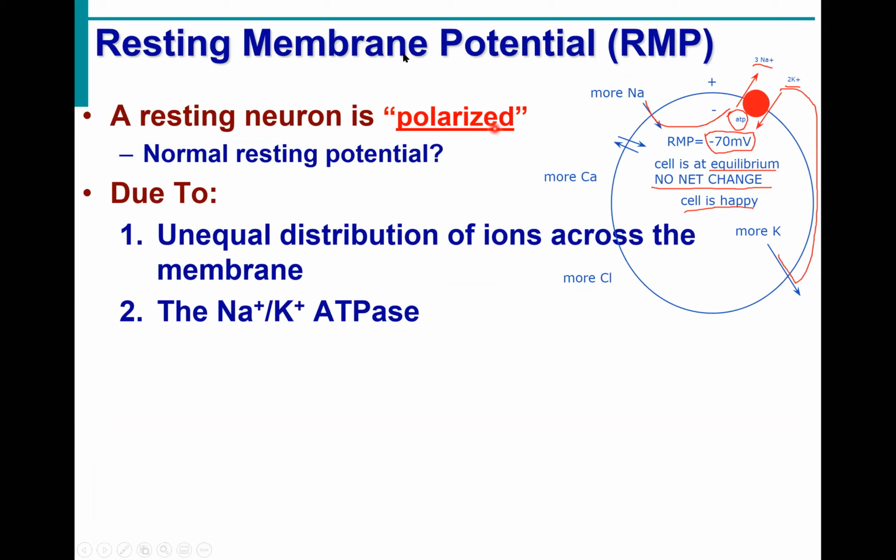As I mentioned, here at rest, the cell is happy. But the key is that at rest, when the cell is at its resting membrane potential, the ions are not happy. Oh, that's tiny. Let's make that bigger. Ions are like 2-year-olds.